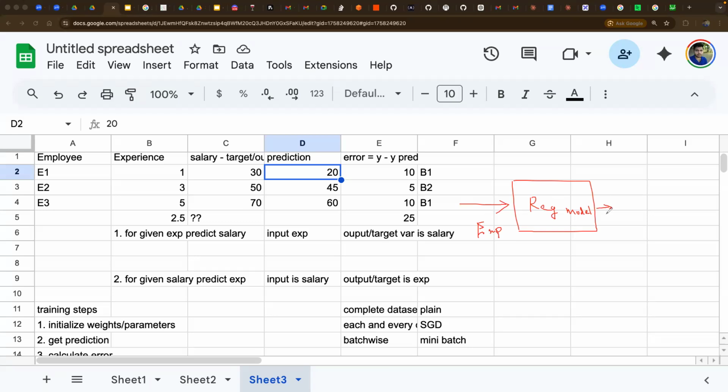It is giving us a prediction. That prediction is salary, let us say.